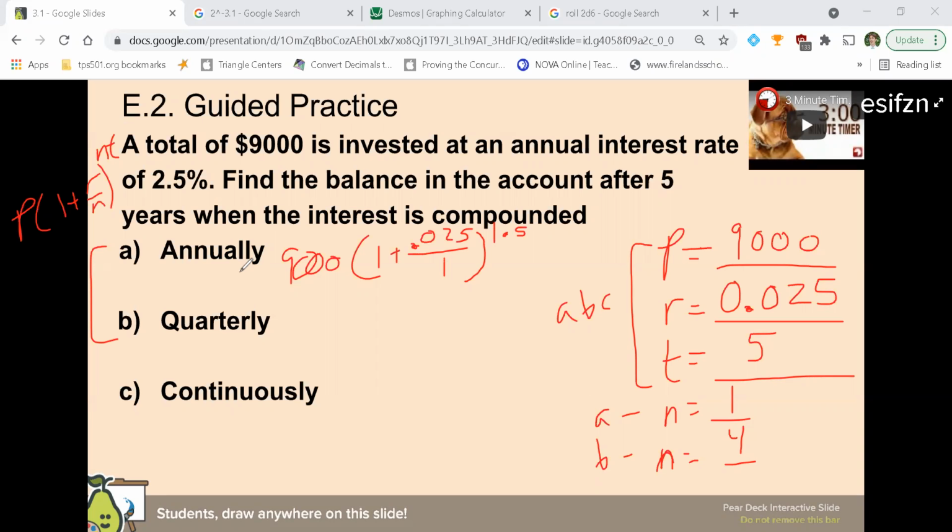Which if you type into the calculator, you find that you have $10,182.67. So basically, over 5 years, you made an additional almost $200.